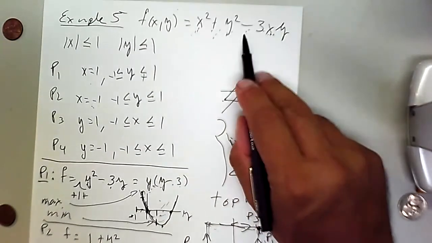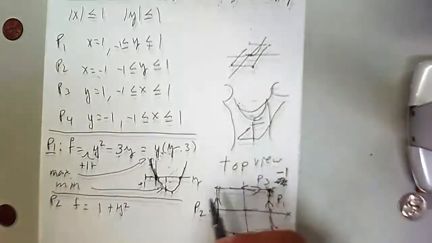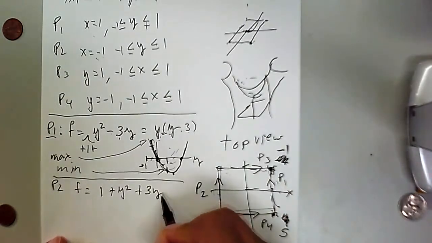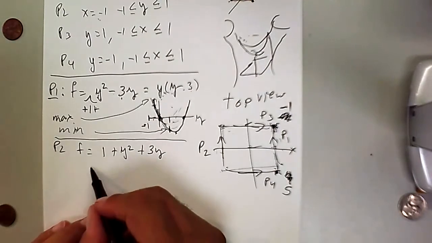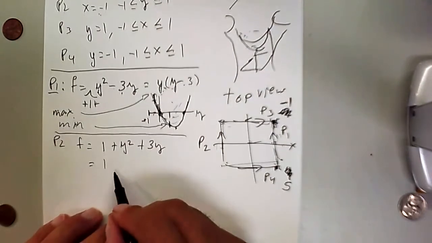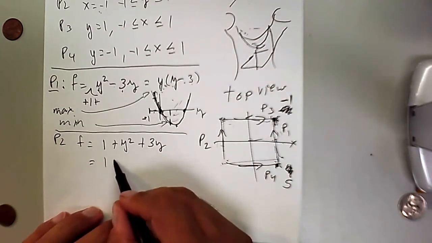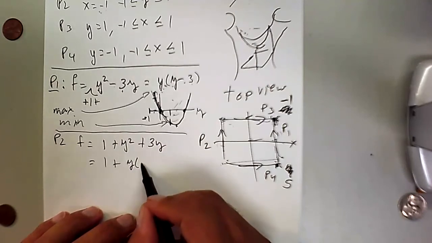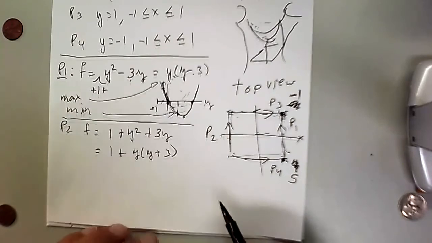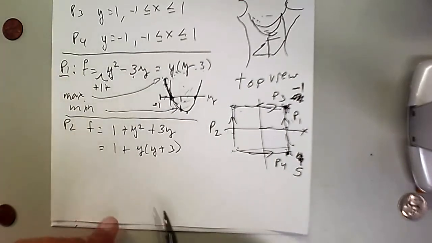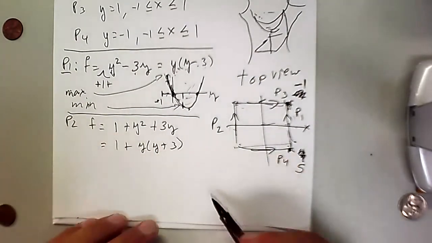So -1 and a negative here make a plus 3y. That kind of works out nicely because don't worry about the 1 yet. And factor that out. So we have y times y plus 3. And again, we're going to use our knowledge about parabolas. So neglect the 1. Pretend you don't have a 1. We're going to shift by 1.